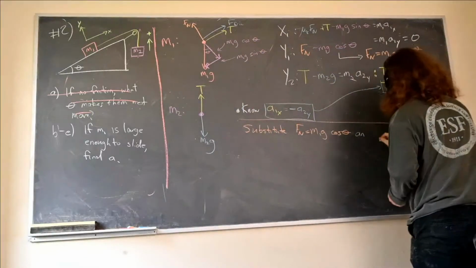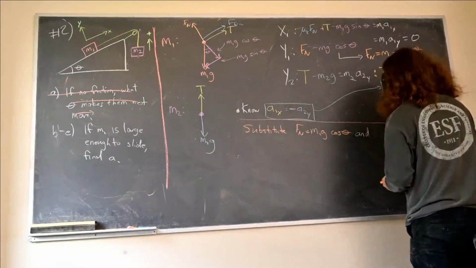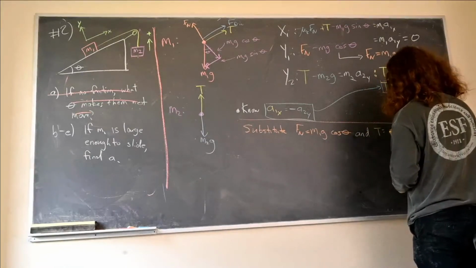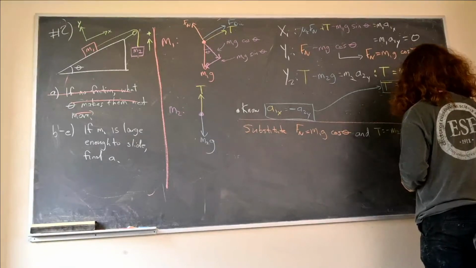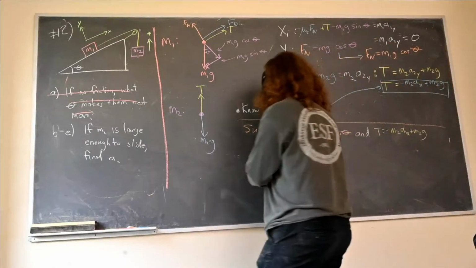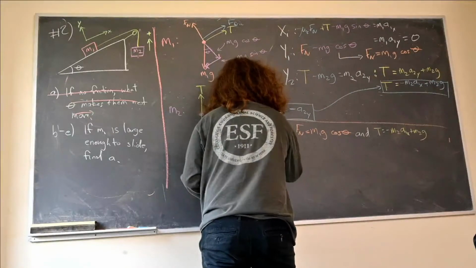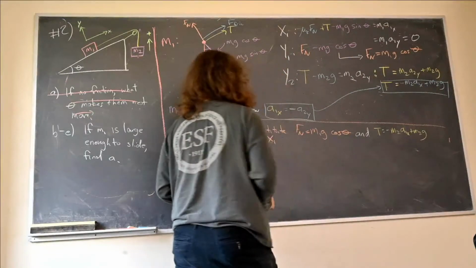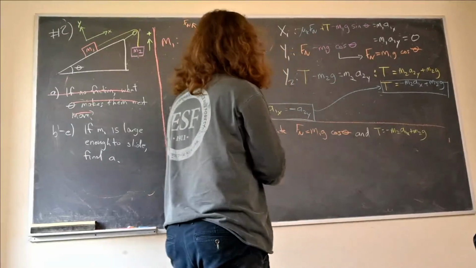Let's see, what did I get? T equals minus m2a1x plus m2g into the equation for x1. So let's just put these two things up there.